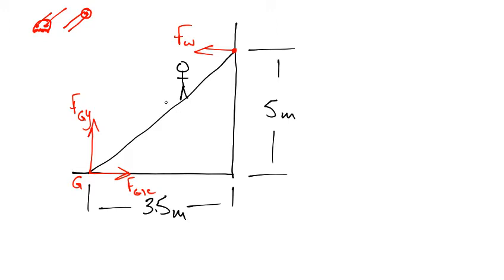Now, we also have the weight of the ladder here, mass of the ladder times G. And of course we also have the mass of the person times G.